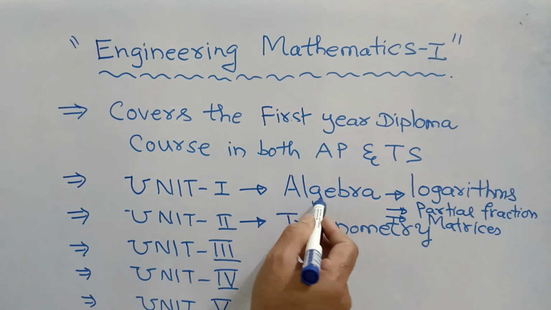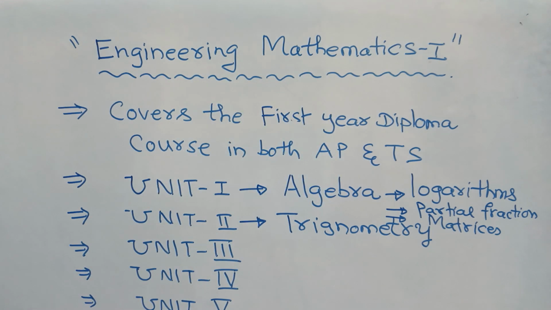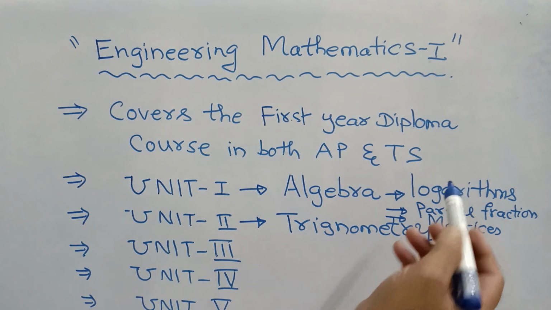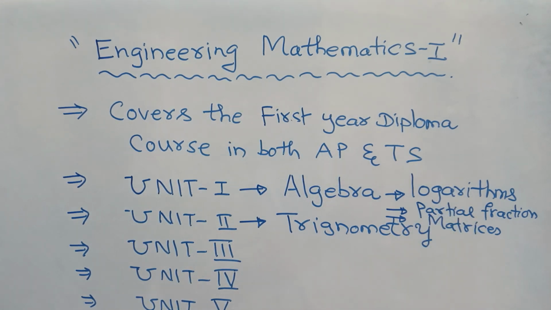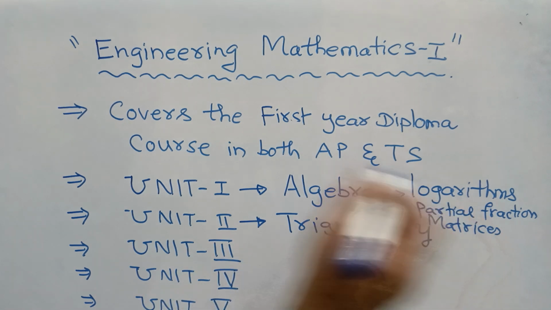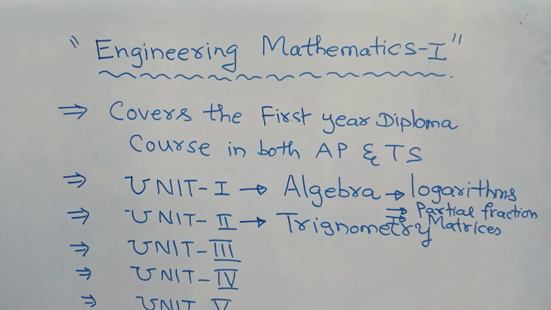Therefore, under algebra, we have these different topics: logarithms and functions, the relation between the function and logarithms, and the second topic, partial fractions. Under partial fractions, we basically have two important types, proper partial fractions and improper partial fractions.